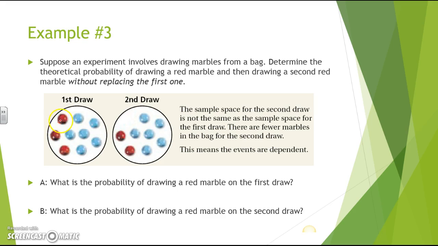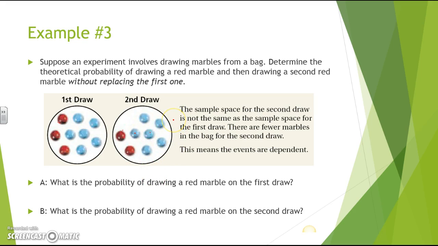We have a total of 1, 2, 3, 4, 5, 6, 7, 8, 9 marbles. 3 out of the 9 marbles are red, and we have 1, 2, 3, 4, 5, 6 out of the 9 marbles are blue. Here our second draw, we have 1, 2, 3, 4, 5, 6, 7, 8. So we have 2 out of the 8 are red, and we have 6 out of the 8 blue.